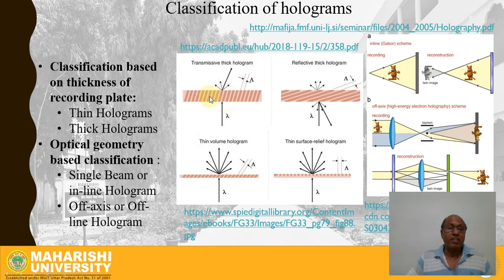Thick holograms are those which use recording plates of bigger thickness, which is much larger than the interference fringe gaps. Such holograms give you an advantage in terms of depth. That means if you view from one angle, you will get information of one particular depth. If you view from another angle, you will get information from another depth.